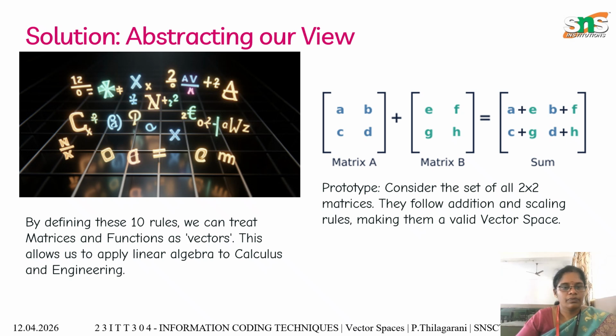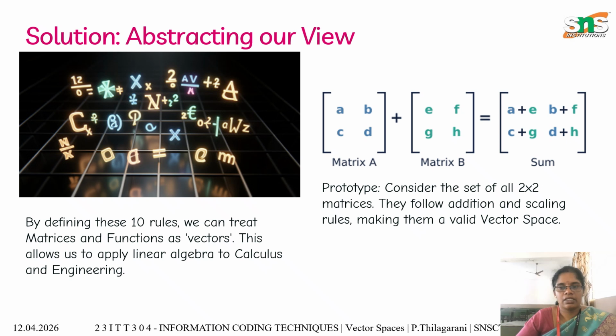Abstracting our view, by defining these 10 rules, we can treat matrices and functions as vectors. This allows us to apply linear algebra to calculus and engineering. Here, matrix A plus matrix B equals the sum.